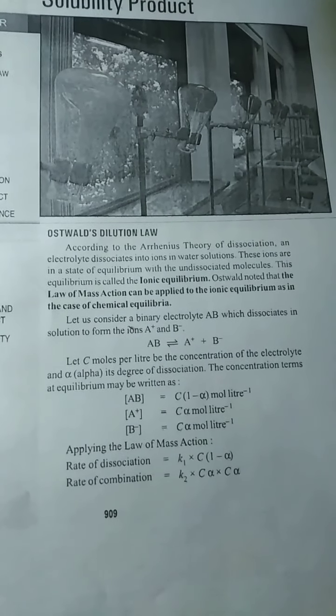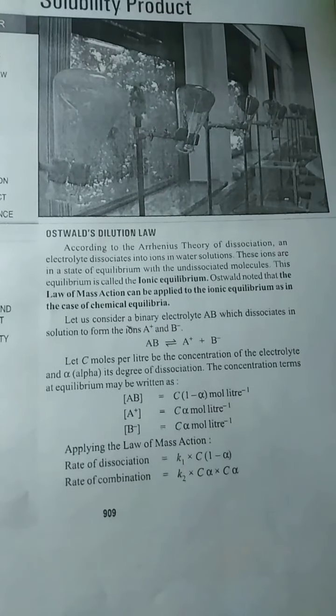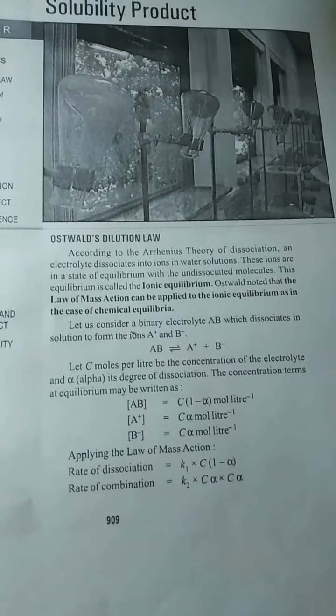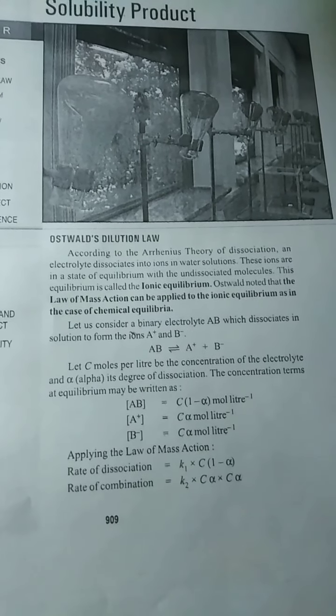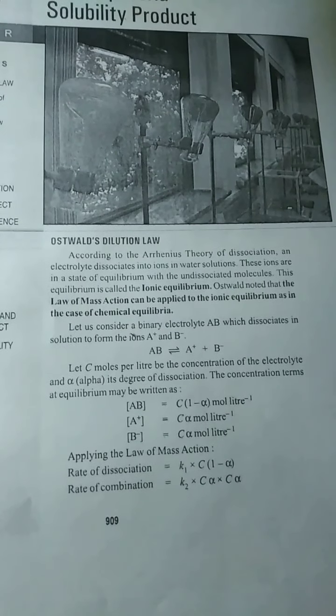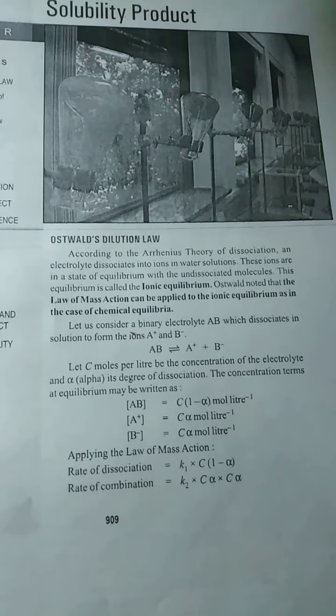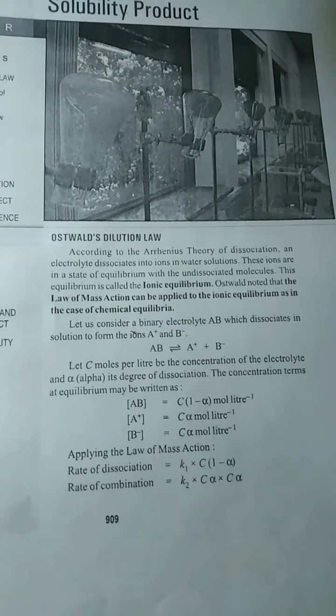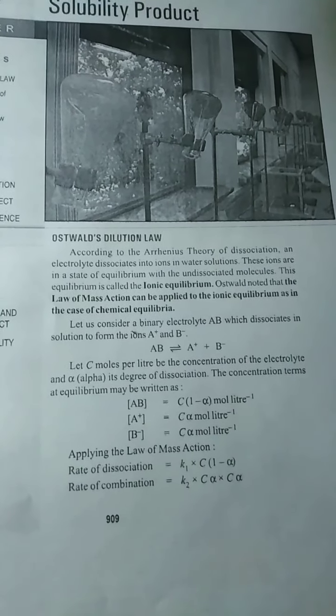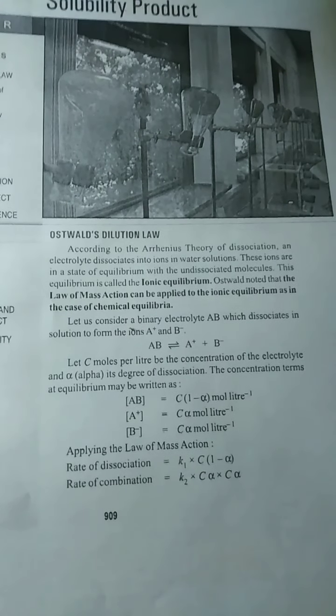The concentration at equilibrium is written as: the concentration of AB is equal to C multiplied by (1 minus alpha) mole per liter. Similarly, the concentration of the A positive ion is C alpha mole per liter, and the concentration of B negative ion is C alpha mole per liter.